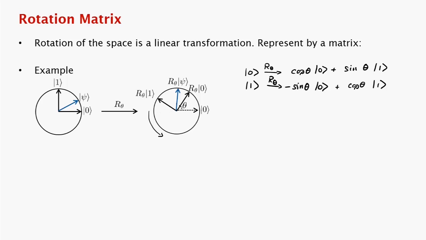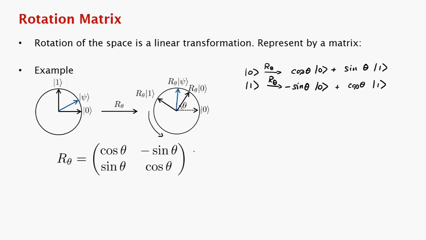Okay, so the way we represent this is via this. This rotation can be described by this linear transformation r theta, whose columns are exactly these vectors: cosine theta, sine theta, minus sine theta, cosine theta. Right?